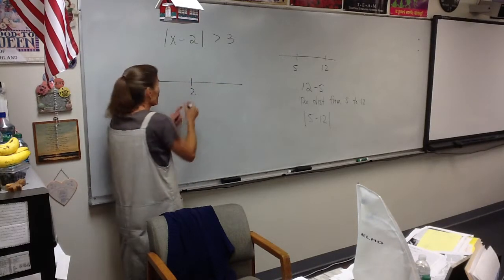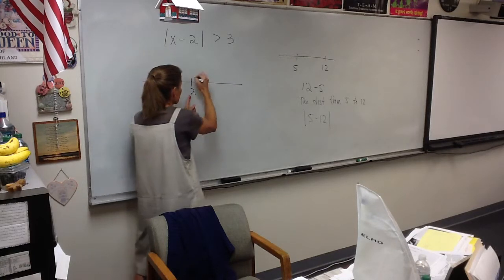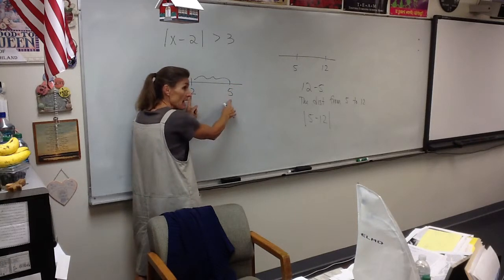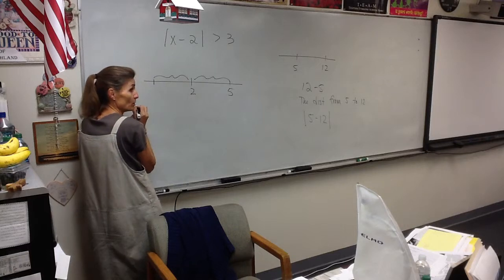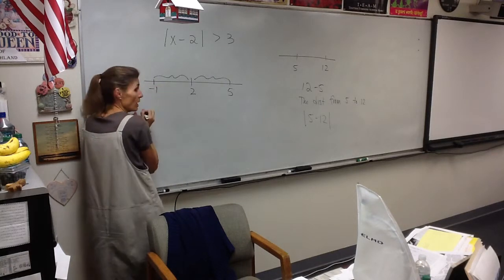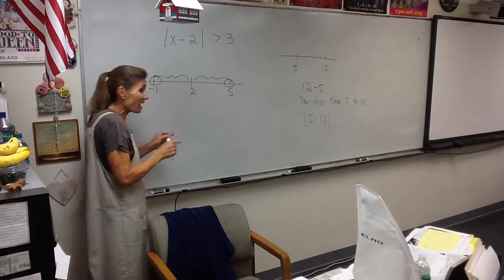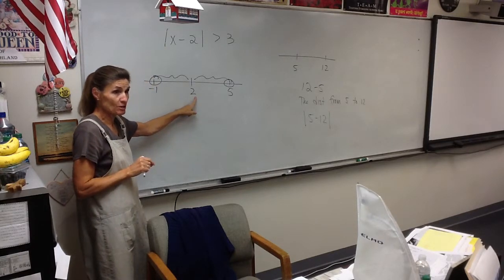Or greater, will it be greater than 3? Well, it's going to be greater than 3, but I'm going to start with 3 to set my cutoff. So I'm going to say, okay, it could be 3 units this way, which would put it at 5. Or it could be 3 units this way, which would put it at negative 1. So these are the places that are exactly 3 units away from 2. Does that make sense to you?